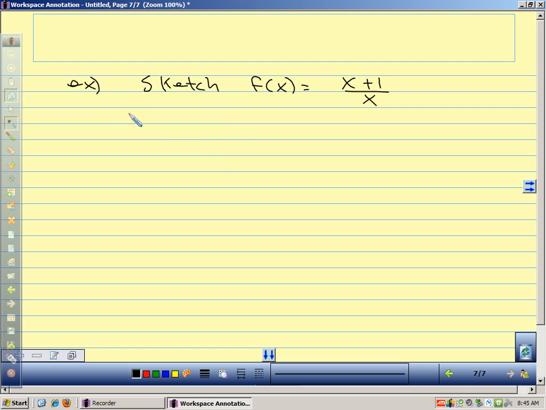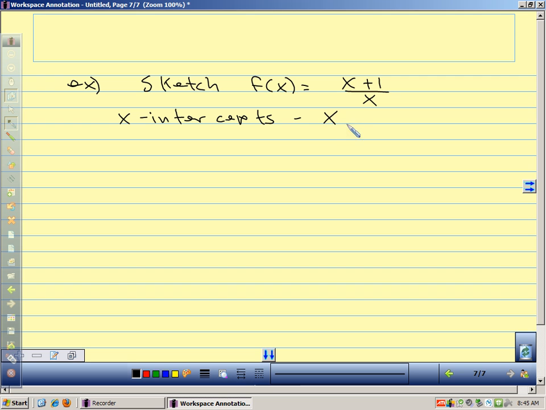Our x-intercept is where the numerator is 0.